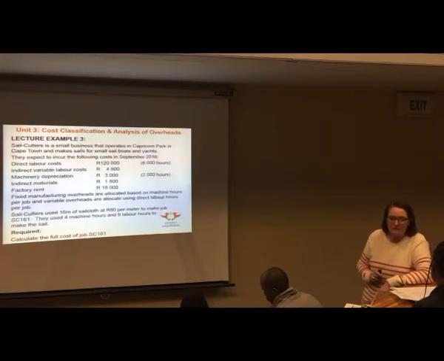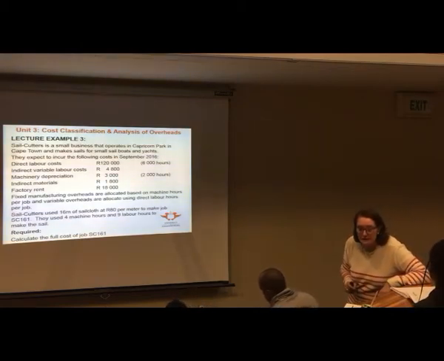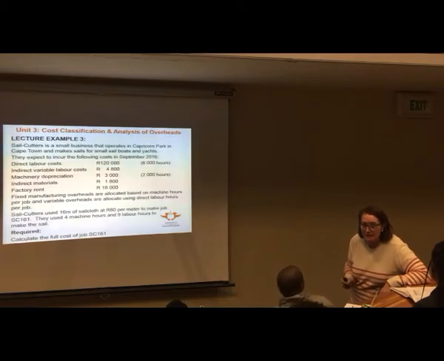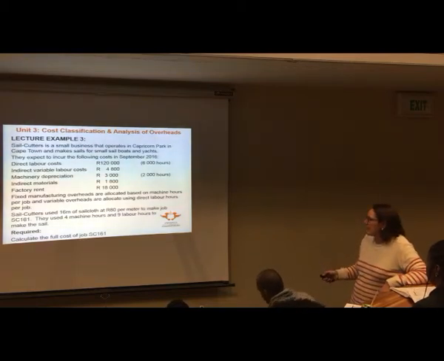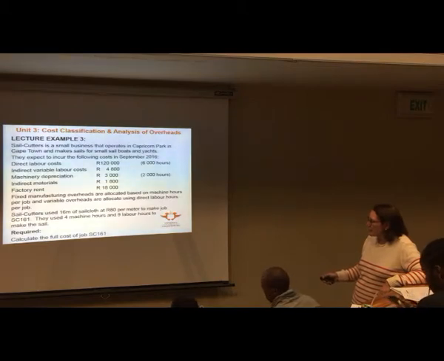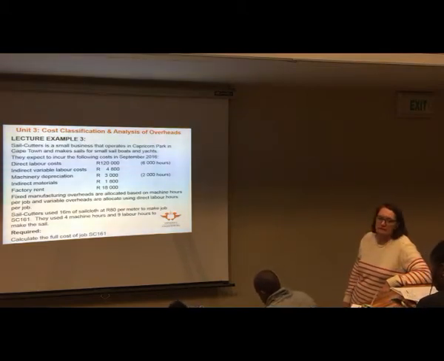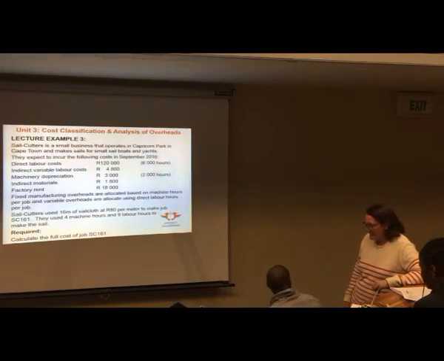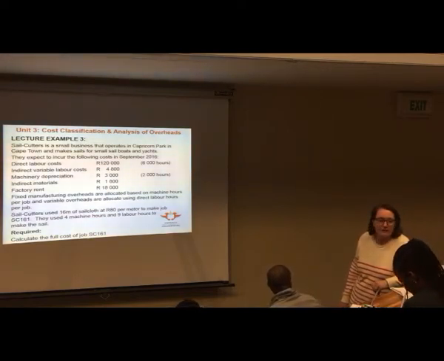Somebody tell me what it is. 80 cents. And then we're going to multiply it by 9 because we use 9 direct labor hours. So the cost driver for the variable overheads is direct labor hours, and we use 9 direct labor hours to make this sale. 7 rand 20.